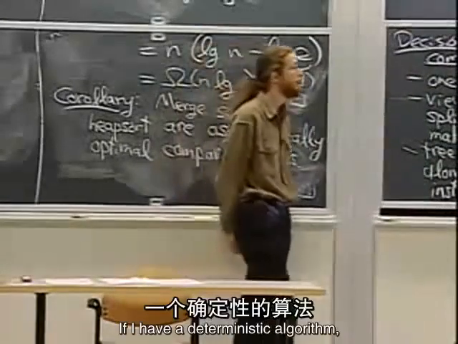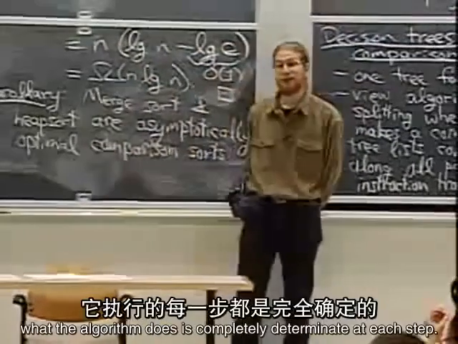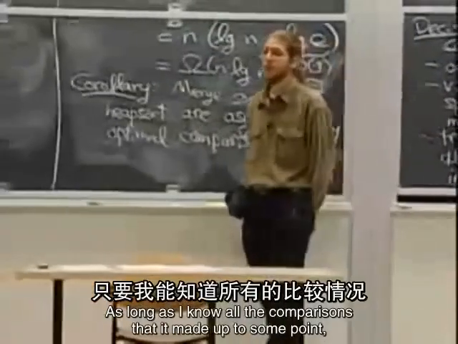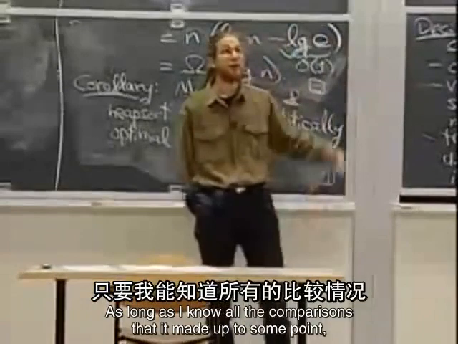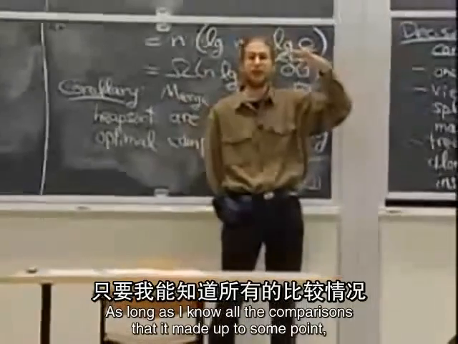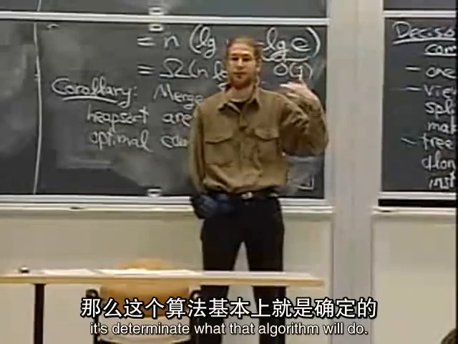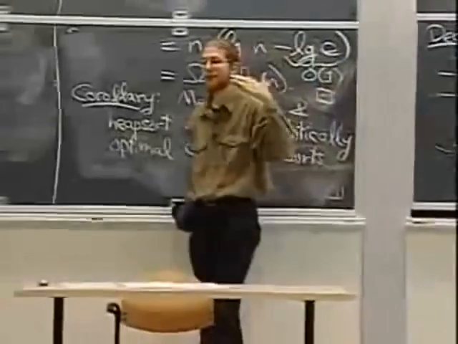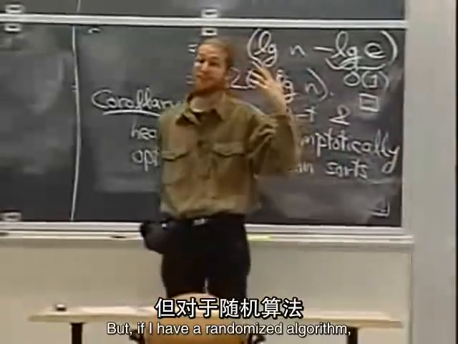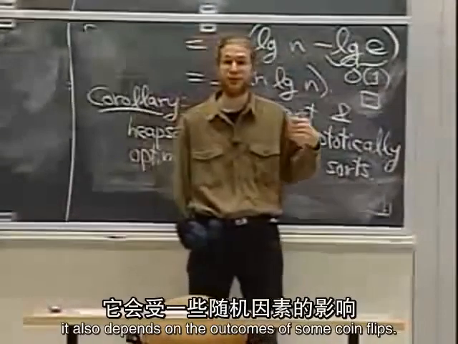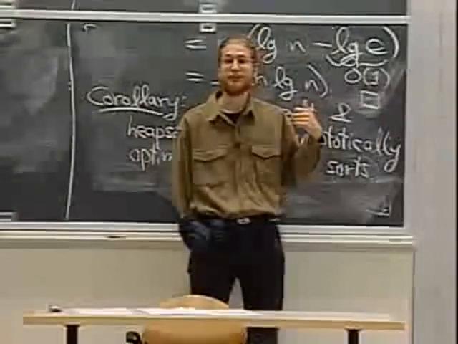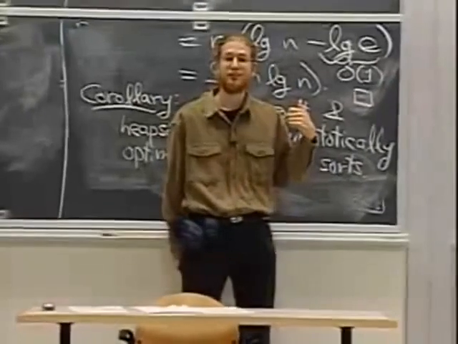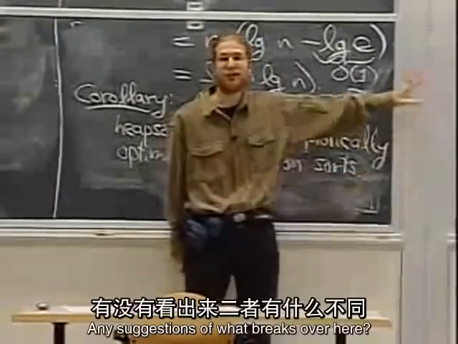So if I have a deterministic algorithm, what the algorithm does is completely determined at each step. As long as I know all the comparisons that it made up to some point, it's determined what that algorithm will do. But if I have a randomized algorithm, it also depends on the outcomes of some coin flips. So any suggestions what breaks over here?